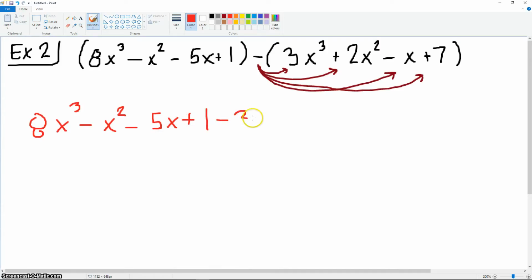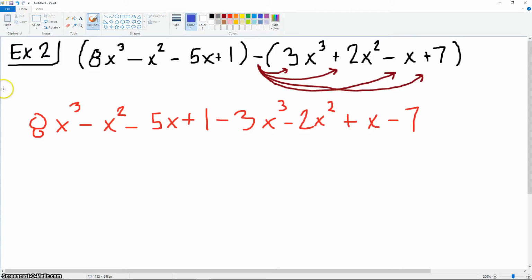Minus 3x cubed minus 2x squared plus x minus 7. Okay, so then we just combine like terms.